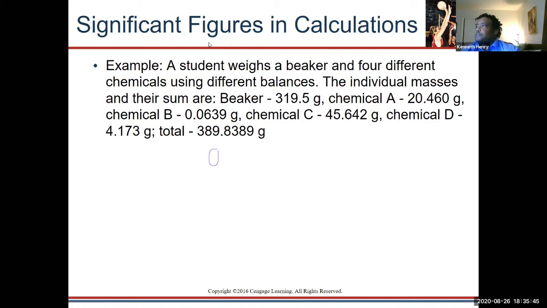So here, let's do this problem real quick. It says a student weighs a beaker and 4 different chemicals using different balances.